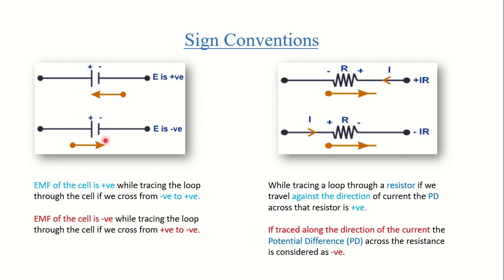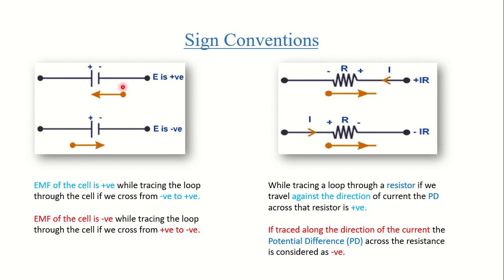Now here in the second diagram you can see EMF of the cell is considered negative. Under what condition? The direction of the loop is moving from the positive terminal of the cell to the negative terminal. Then you will see E is taken as negative.